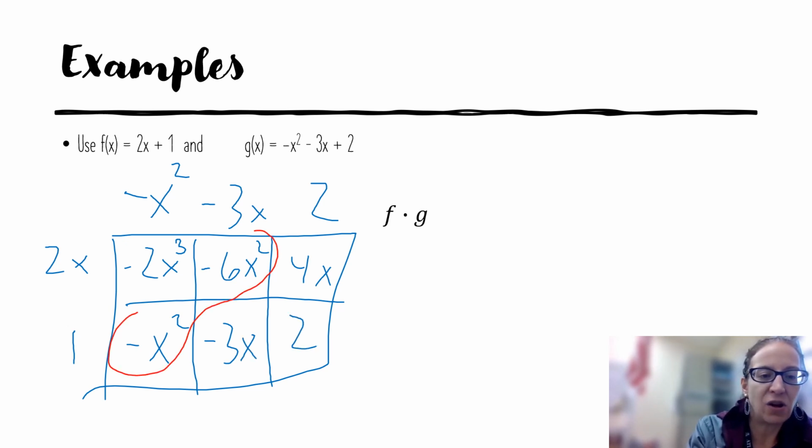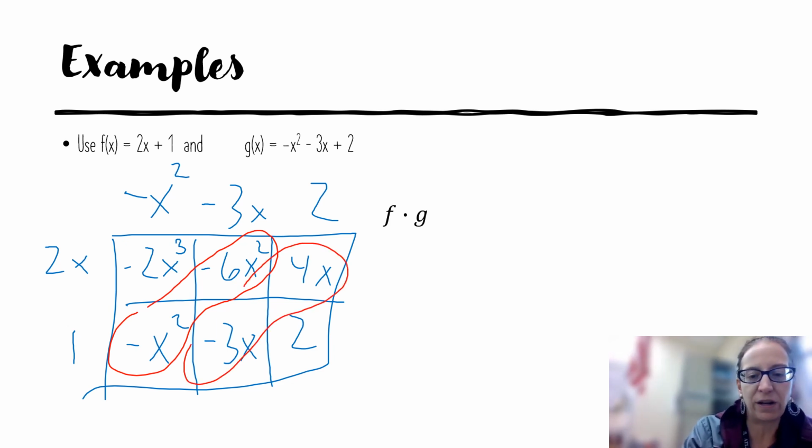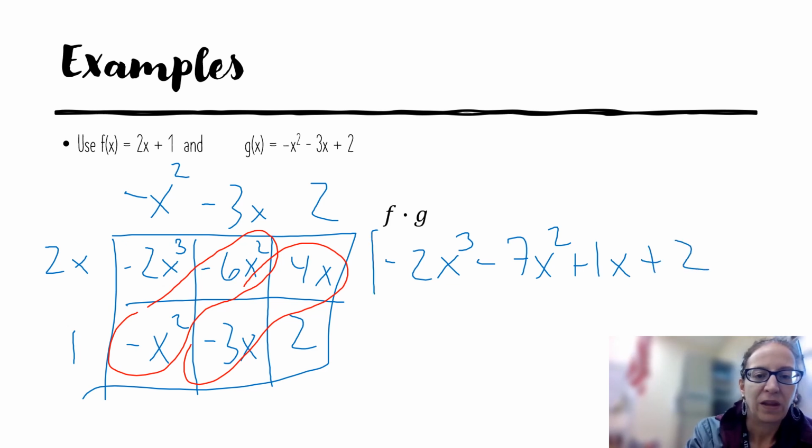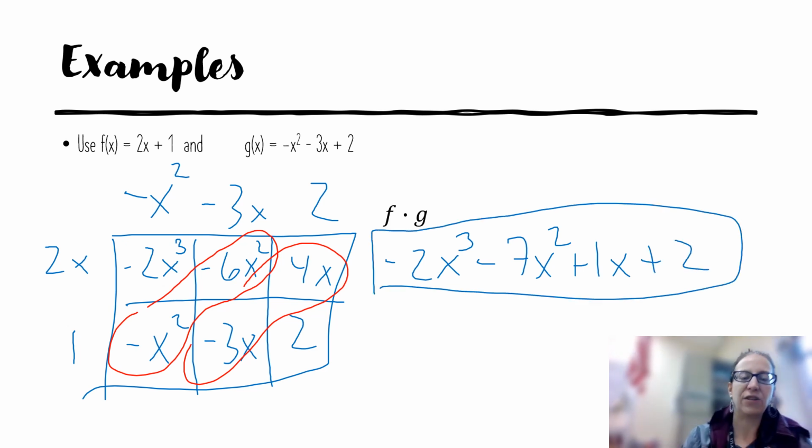And as is often the case, not all the time, it depends on what form your answer is in, but our like terms are on the diagonals. So when we go to add them up, we have negative 2x to the third minus 7x squared plus 1x plus 2. And there's our multiplication. Ta-da!